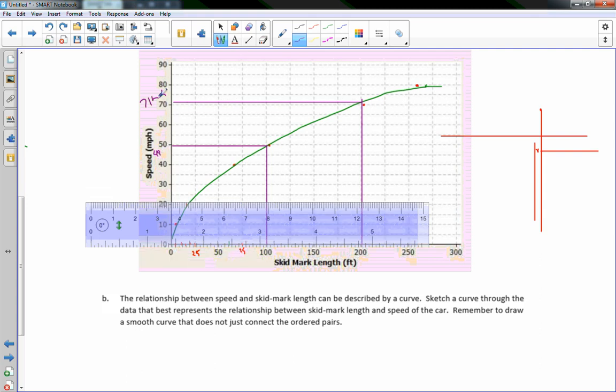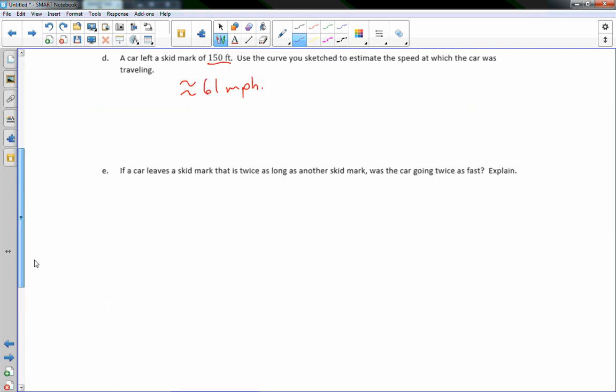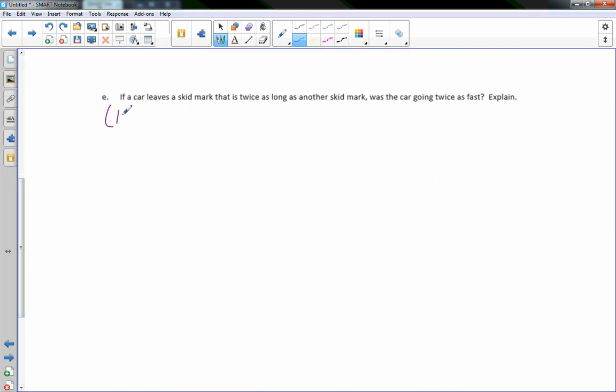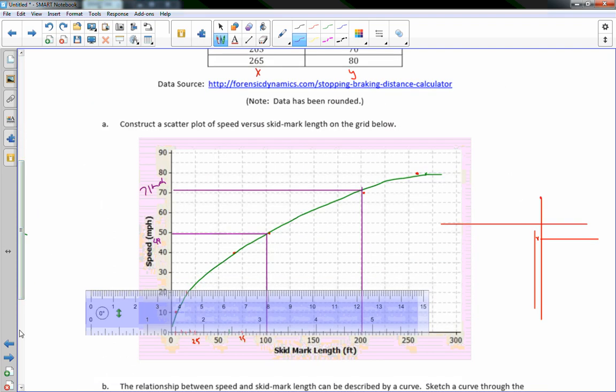So I have 71 and 49. I'm going to write those as ordered pairs. So it's going to be 100 comma 49, and let me bring that down to E. So we have the point 100 comma 49, and we have the point 200 comma 71.